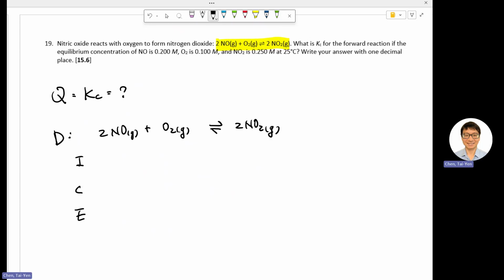Which row should you put these numbers in? Equilibrium. How do you know? It says the equilibrium concentration, right? So NO is 0.2, O2 is 0.1, and NO2 is 0.250.